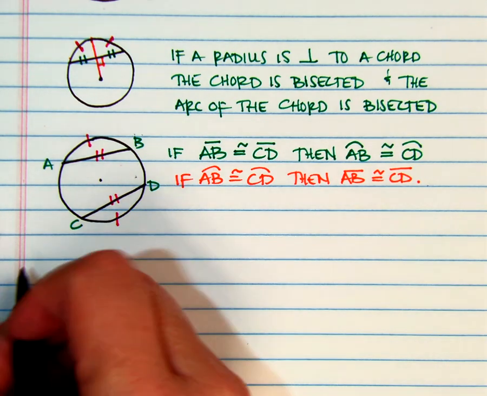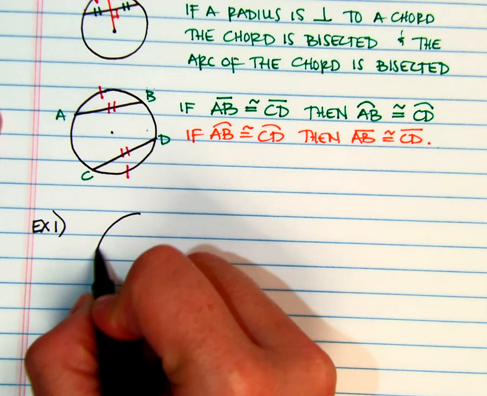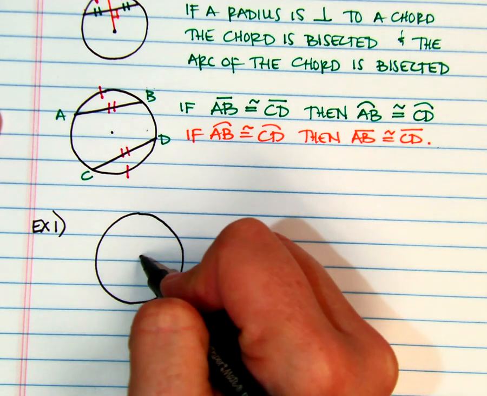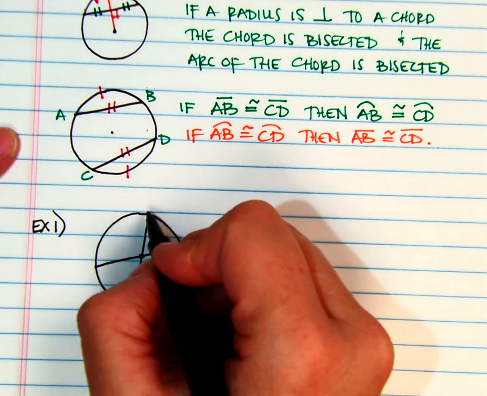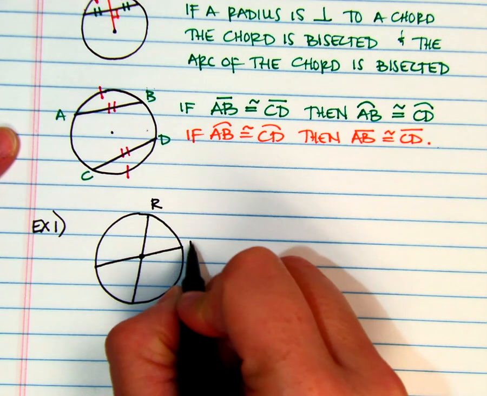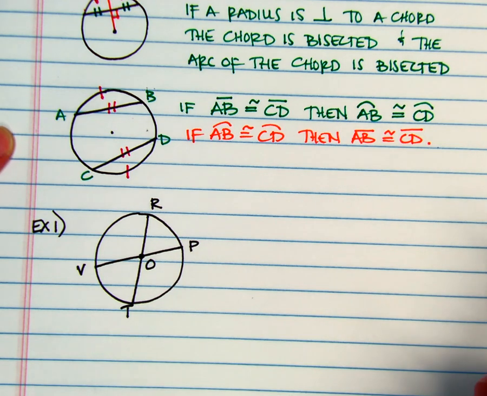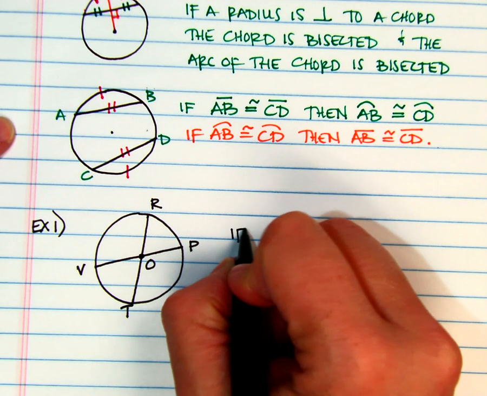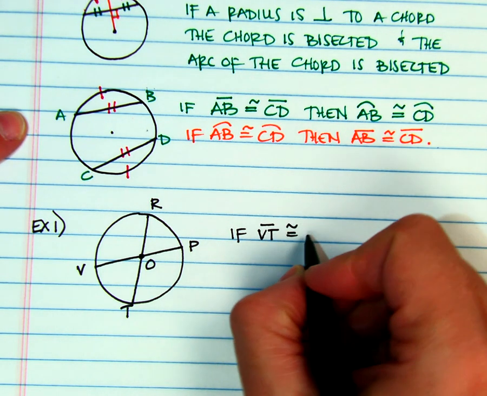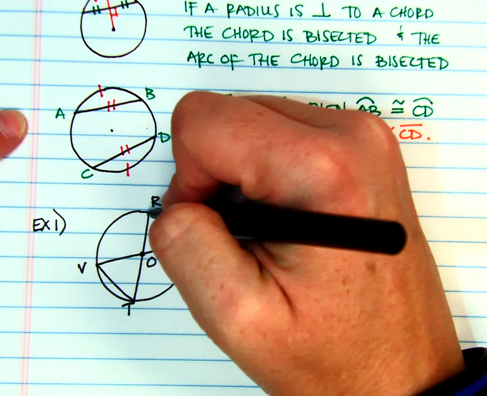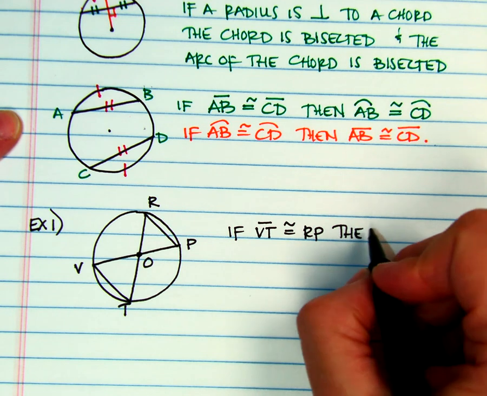Okay, so we're going to do the first example. And we have a circle. We have two diameters. So if chord VT is congruent to chord, I forgot the chords, RP, then what can we conclude?